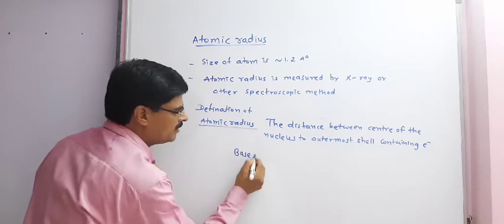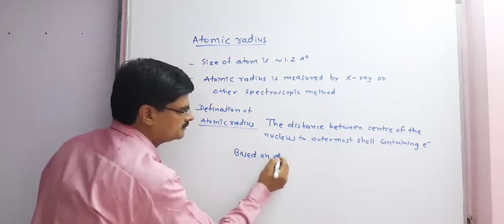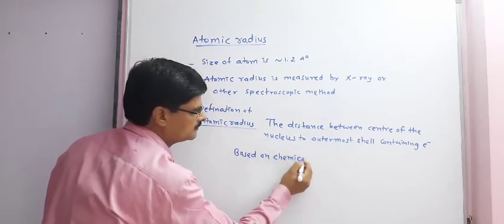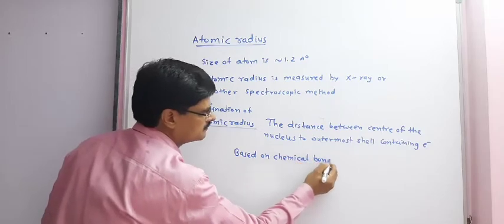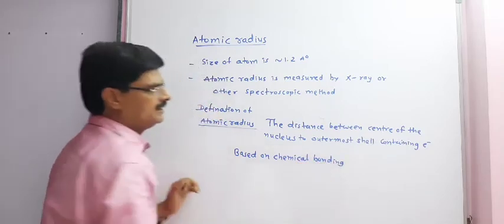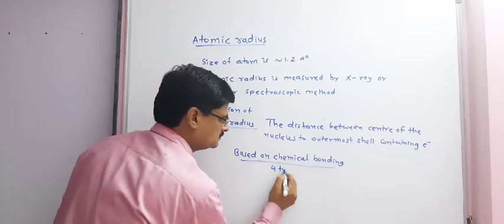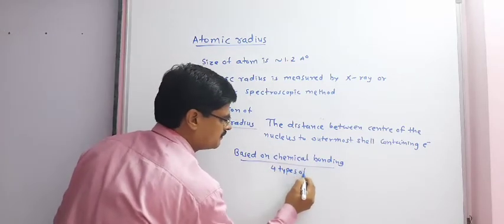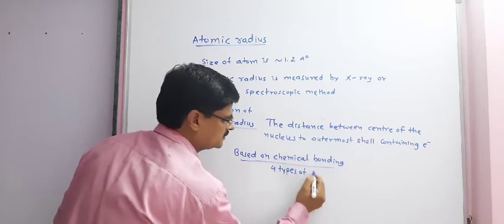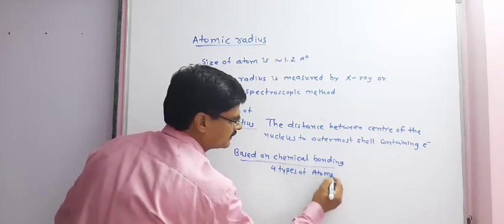Based on chemical bonding, there are 4 types of atomic radius.